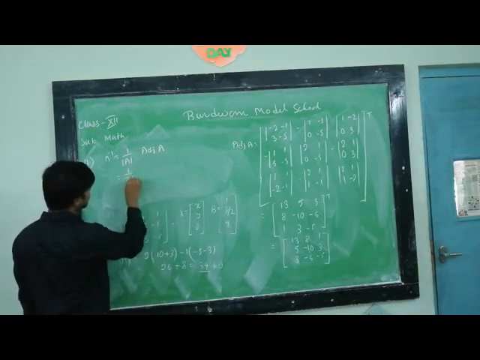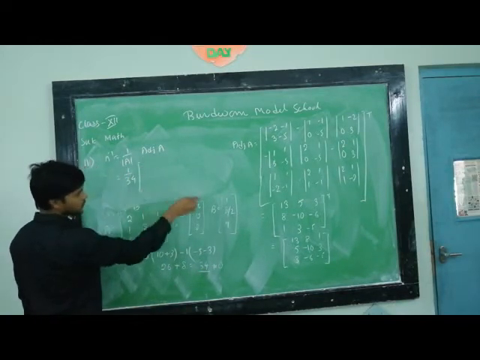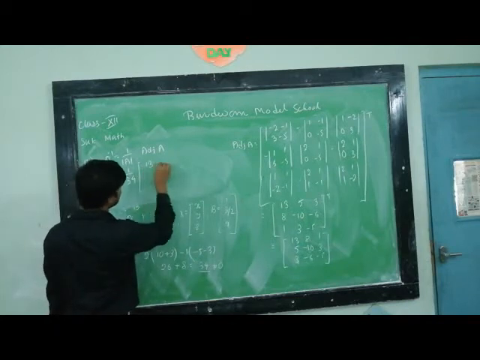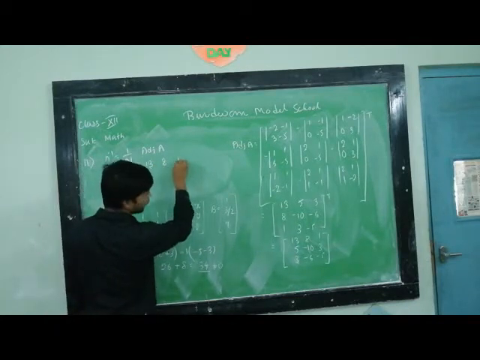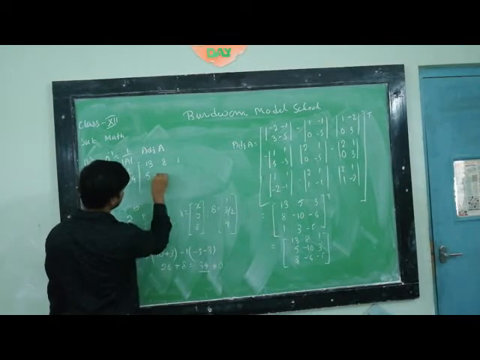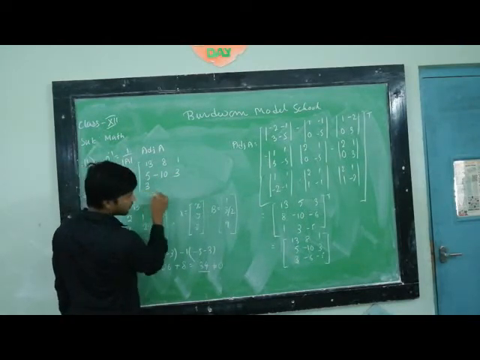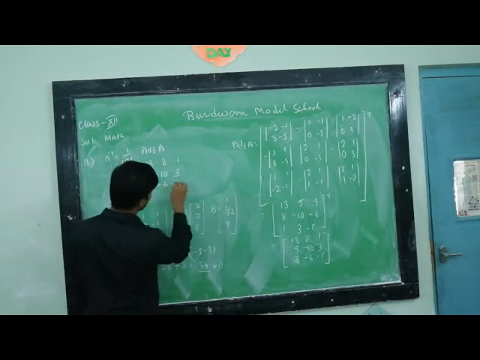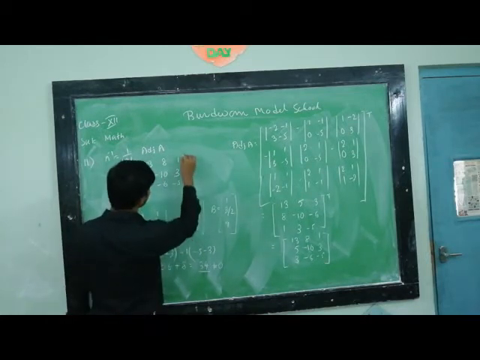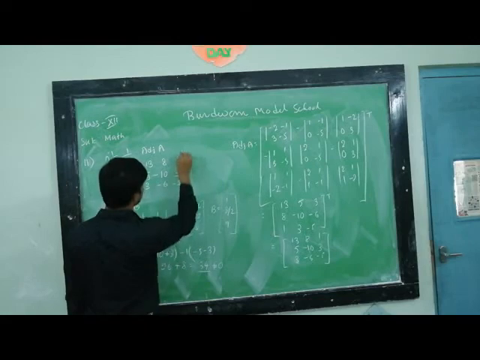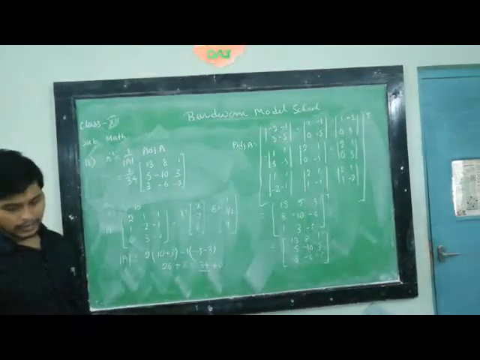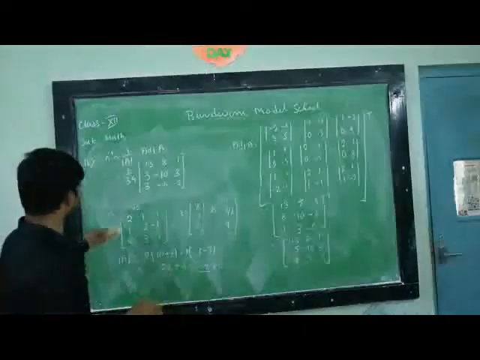So 1 by 34 into this matrix 13, 8, 1, 5, -10, 3, 3, -6, -5. Okay, so A inverse is now known.